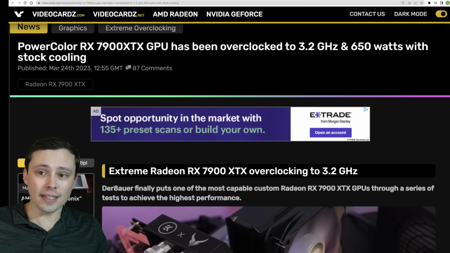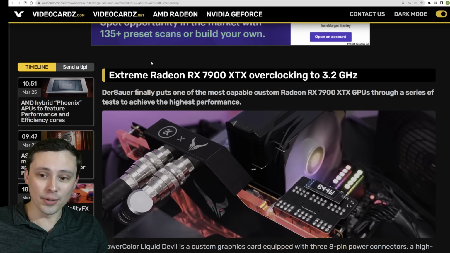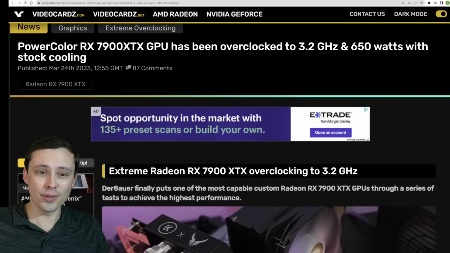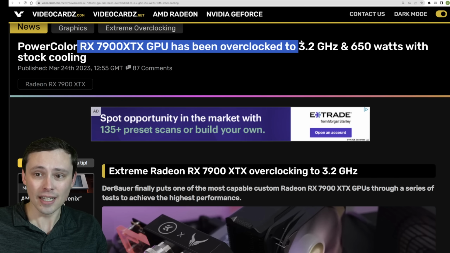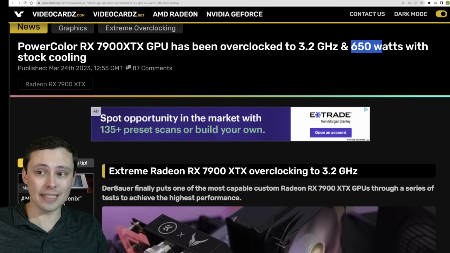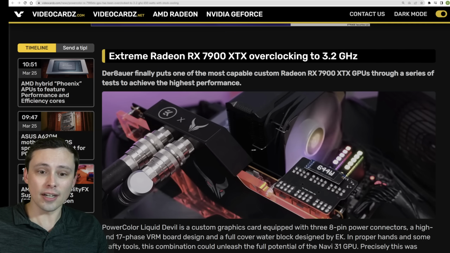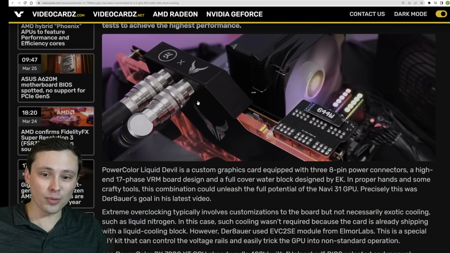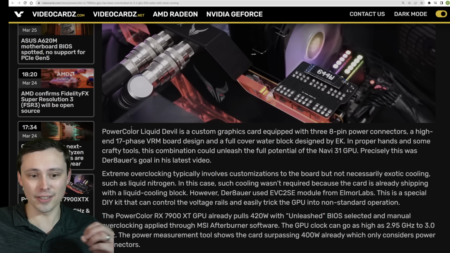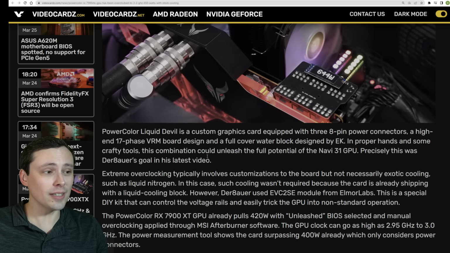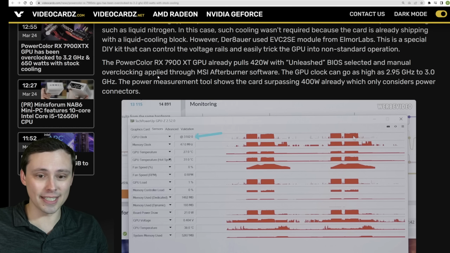Now, I'm seeing this in a videocards.com article, but Der Bauer has overclocked an RX 7900 XTX to 3.2 gigahertz at 650 watts with the stock cooling. Now, the stock cooling on this one is the water-cooled PowerColor Liquid Devil, so it's very good stock cooling, but still, we're not talking liquid nitrogen or anything like that.